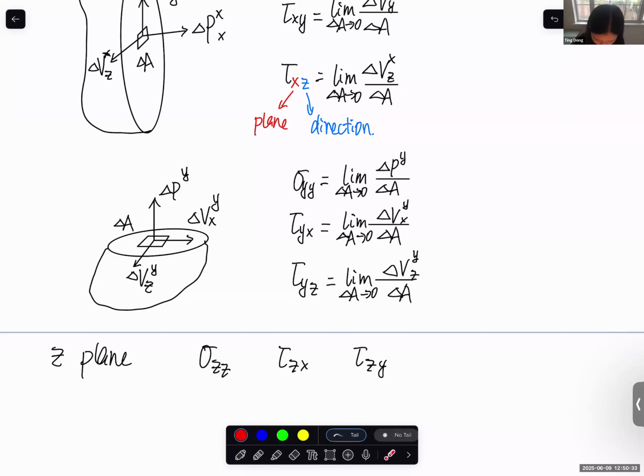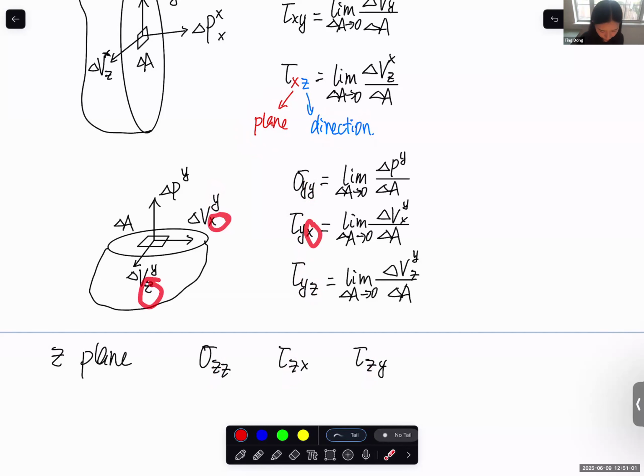And as always, the first subscript of the stress component always represents the plane, which means which direction the plane is facing. And the second subscript is always the direction. So if the direction of the shear force is x, then the direction of the shear stress is x.